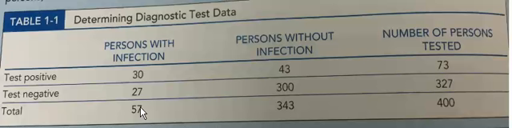Okay, what is the specificity of the test? Specificity is defined as the percentage of test subjects who do not have the infection and test negative for it. In other words, specificity equals true negatives over true negatives plus false positives. So first, where are the true negatives?